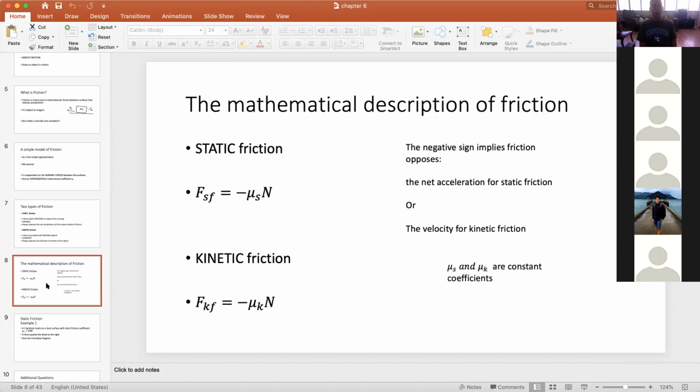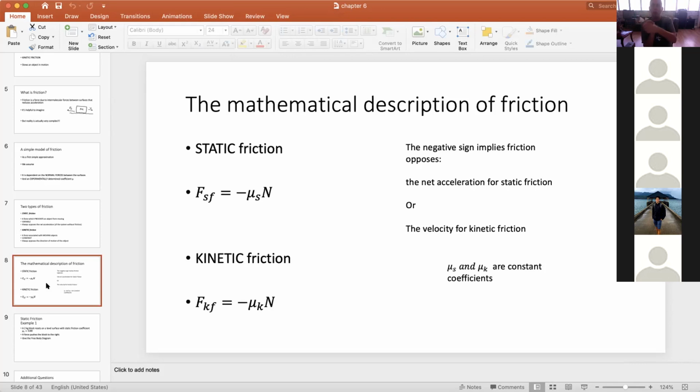Now, our very simple mathematical description, I think, makes sense to everybody. The normal force is proportional to friction. So we said that the normal force was how much an object pushes on another object. So the more that an object pushes on a surface, the greater the normal force.